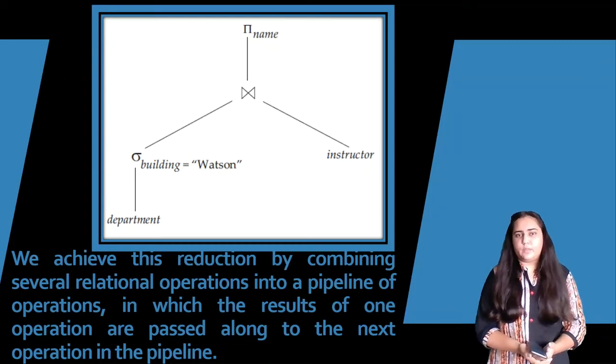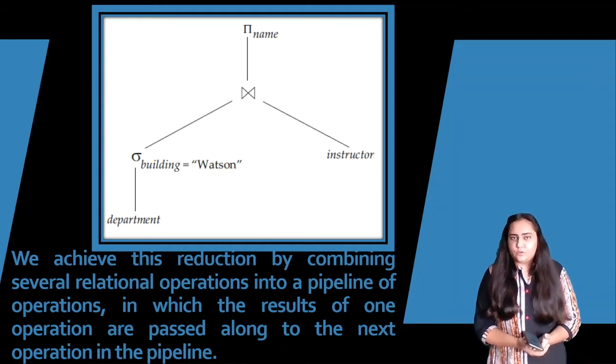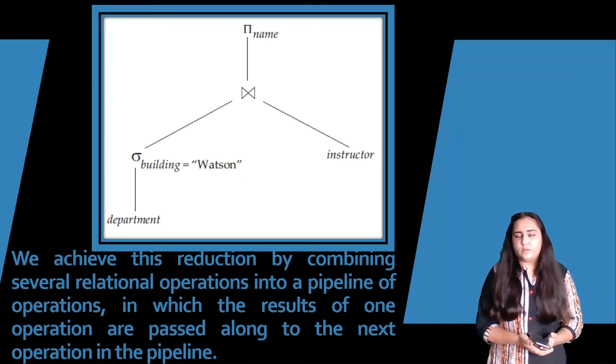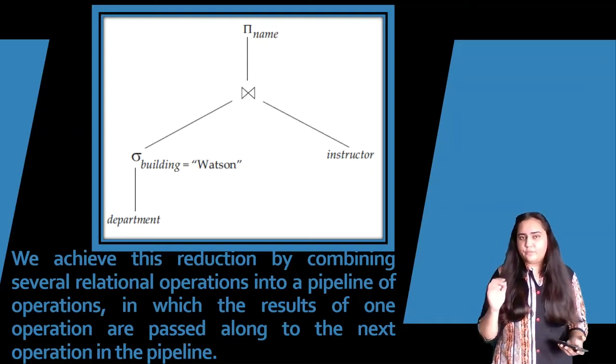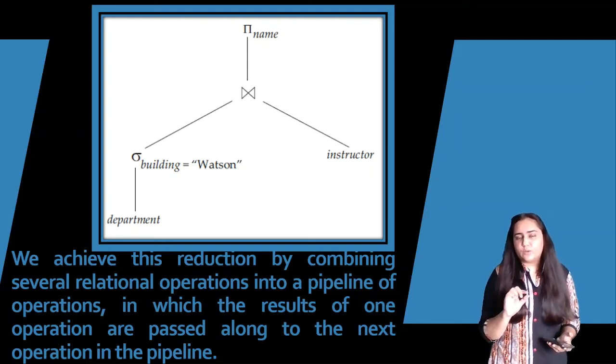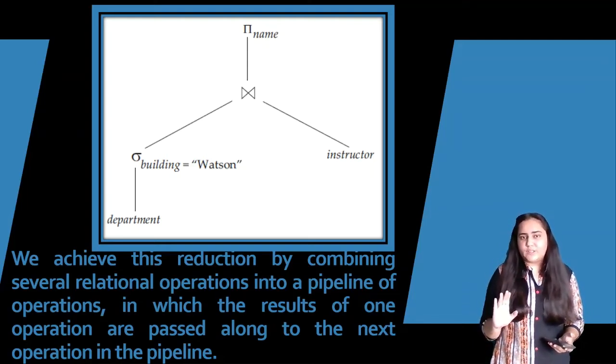So for example, if you have one row from the department, and let's say that that row does not have the building Watson, then first you are just going to evaluate that one row. You are not going to evaluate the entire department table. So that one row will be passing through the sigma operation, which is right on top.